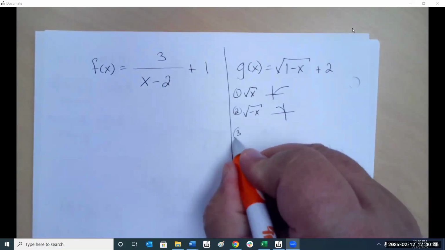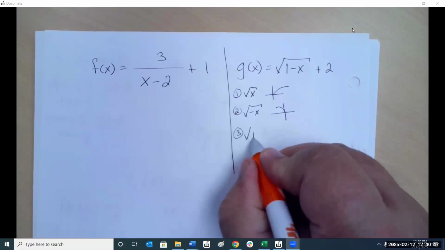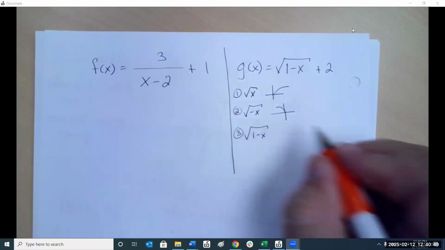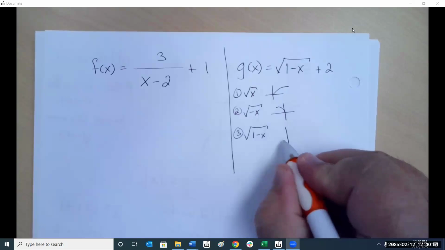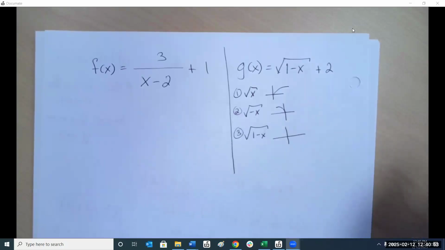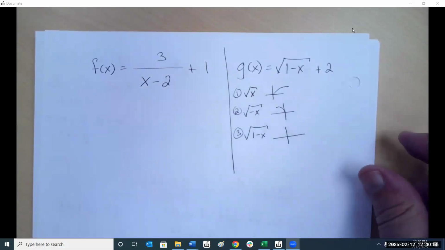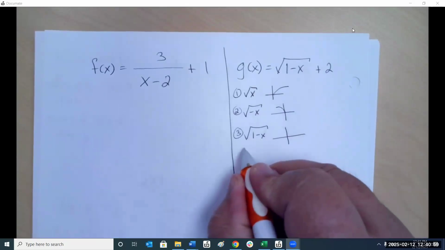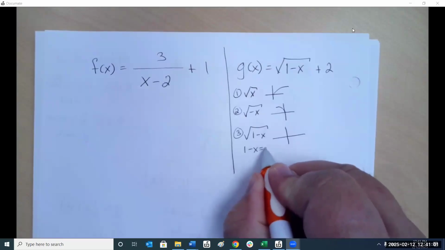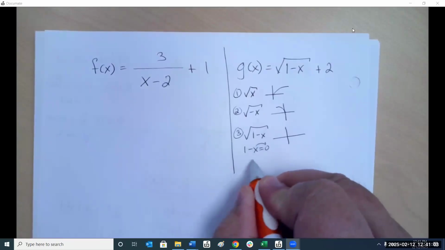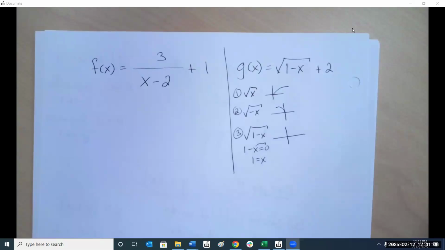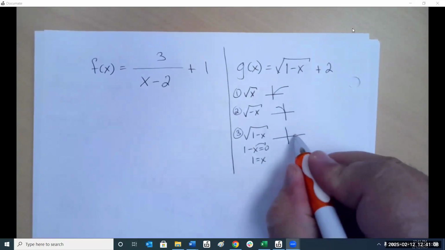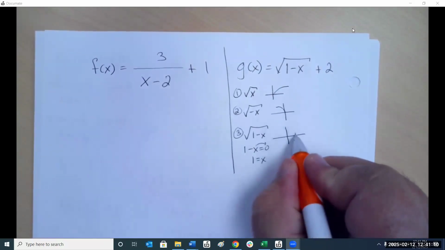The third thing we notice, it's 1 minus that. So what kind of a shift is it? Horizontal, how far? Which direction? 1 to the right. 1 minus x equals 0. Move the x over, so 1 equals x. So it's shifted to the right, 1 space.